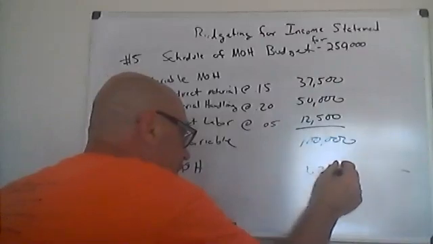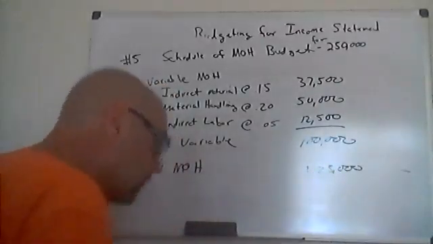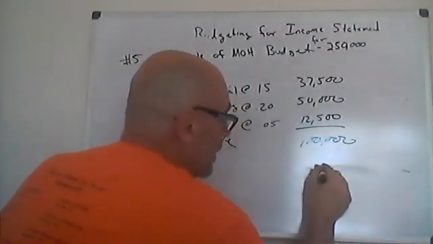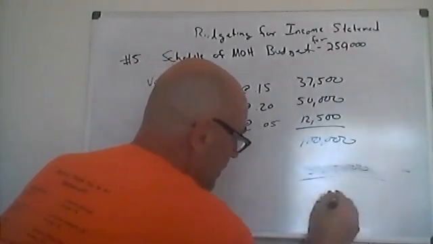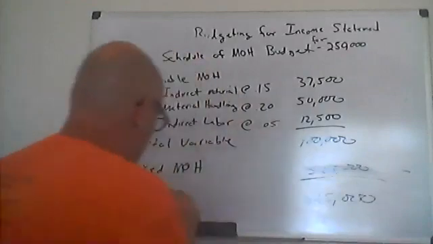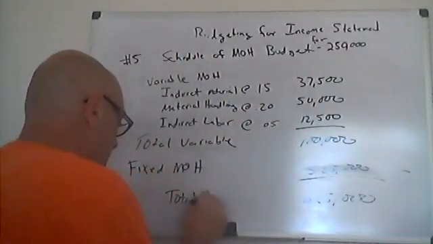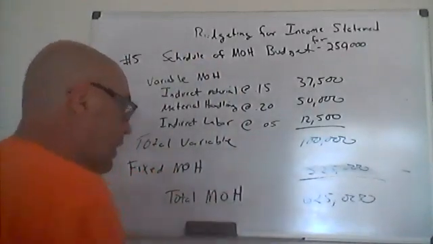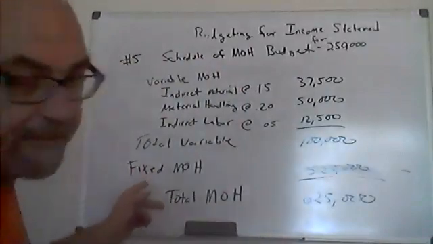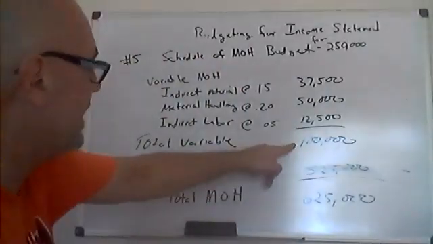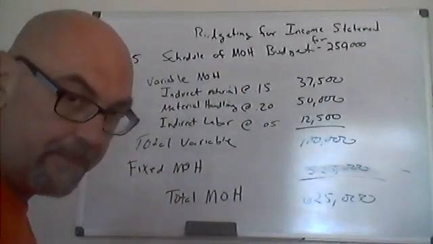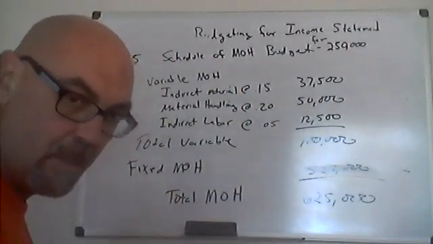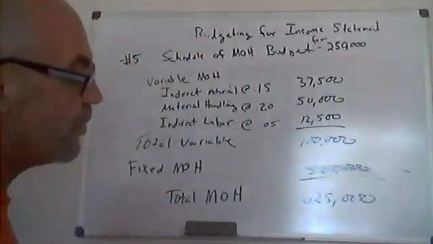In this case, we got 600. Our slide said we had 525,000. So after you list out all your fixed, add them together, add it to your total variable to get a total manufacturing overhead. Okay. So that is step number 5.